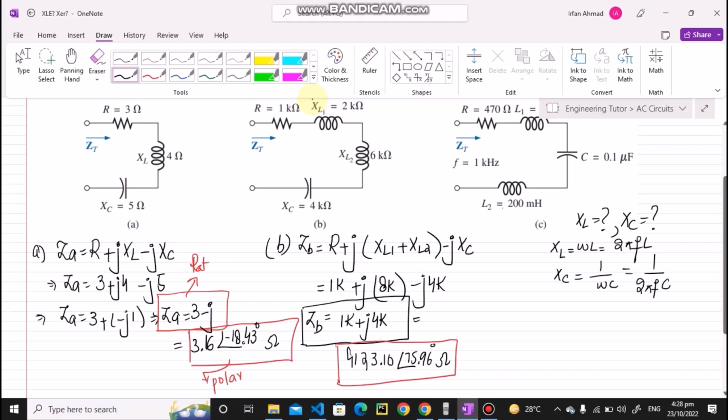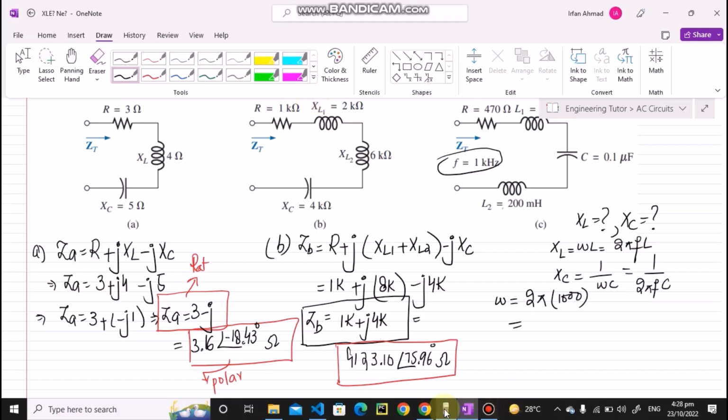Let me first calculate the value of omega. Omega is 2 pi f, and the frequency is given here as 1 kilohertz, so the value of frequency is 1000.